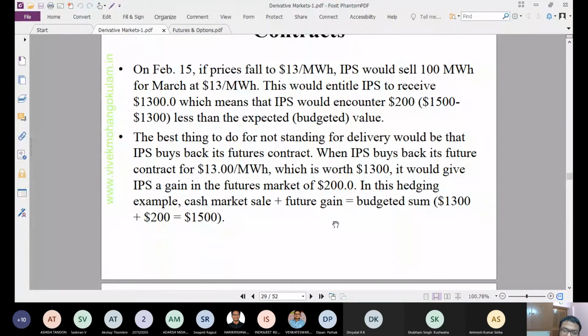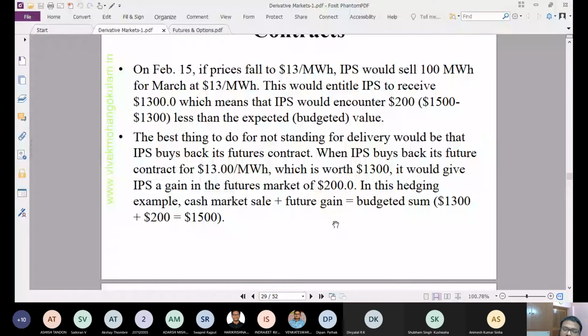For a selling contract, what happened is the future value was $15 per megawatt hour. So at that price, he actually sold it. The futures contract was sold based on the future value. So he got $15 per megawatt hour. If it is for 100 megawatt hours, then 100 into 15 he got.